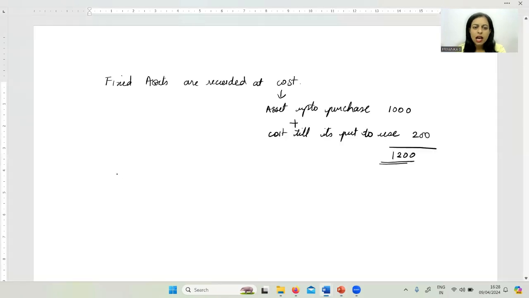So I will have the value of furniture, not just the amount of 1 lakh rupees which you are paying for furniture, but also the 5,000 rupees which you are paying for its transport. Now you would say this is not furniture, right? This is transportation. But transportation for what purpose? For the purpose of furniture purchase or furniture installation in the office. So whenever there is an asset purchase, cost of that asset will be these two things: asset up to the purchase, which is 1 lakh, and cost till it's put to use, which is 5,000 of transport charges. So total asset value in this case, furniture value will be 1 lakh 5,000.